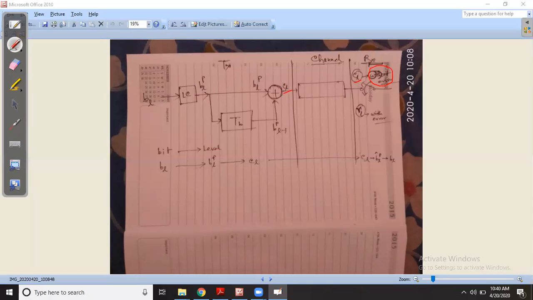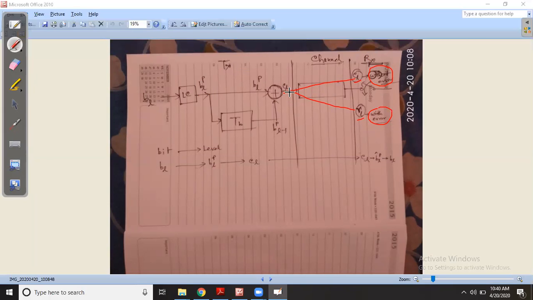Suppose two cases may be there. Or if it is received with error at the receiver, then we denote it by RL. That means two things: CL is transmitted without any error, or CL is transmitted with some error. If CL is received without any error, then we consider it as CL only.